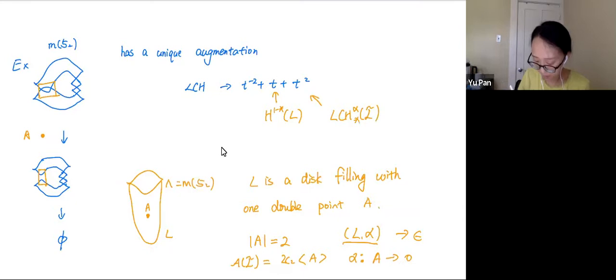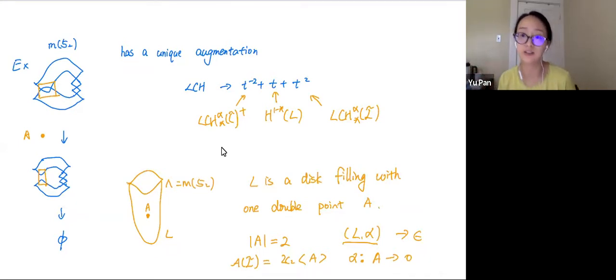So here we have a degree 2 generator, and that will correspond to the T2 part. And the other part will be the dual of the LCH of L tilde, which means you negate the degrees of all the generators, reverse all the differentials, and then take the homology of that.